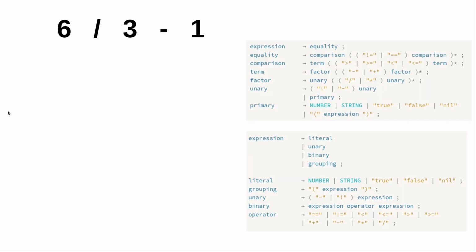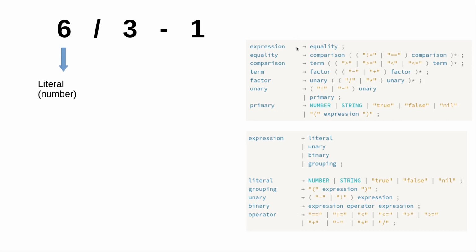And now let's look at an example to make this make sense. We're going to look at 6 divided by 3 minus 1. First off, we're going to look at 6. This is a literal, which is just a number. And how do we hit this?